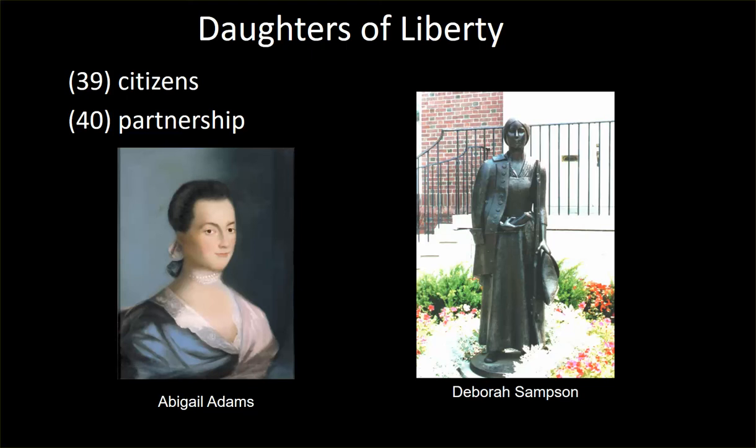So the revolution is not just about the political change in who governs. It's all of these changes in society. It's this moment of starting to look toward a kind of society that we would recognize, rather than the pre-revolution colonies, which in many ways are still kind of medieval.